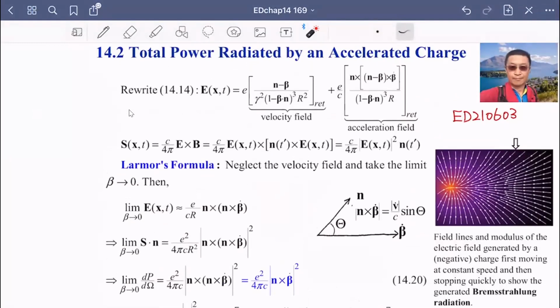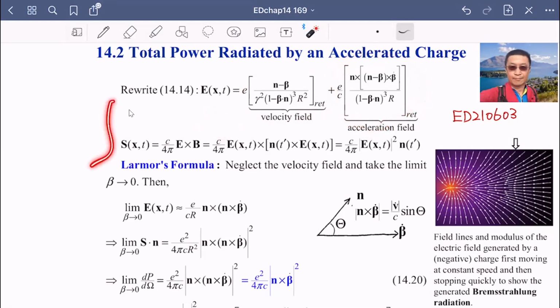So we just showed you the animation. Now, it is divided into two parts. We have the velocity field, 1 over r squared, and the acceleration field, 1 over r. You can imagine the Poynting vector is E cross B. The acceleration field will contribute a 1 over r term, and the velocity field is 1 over r squared.